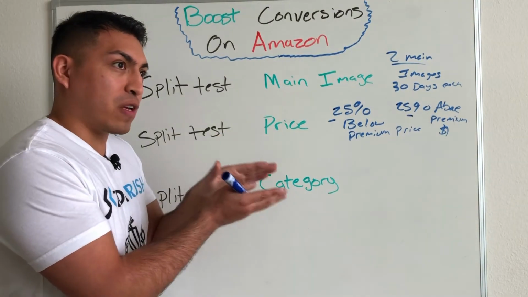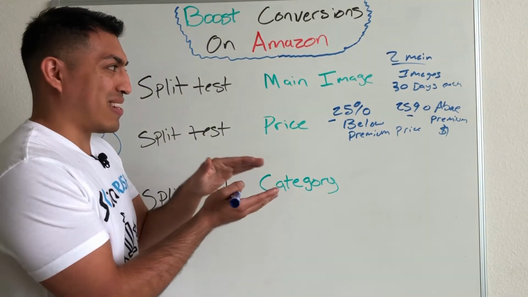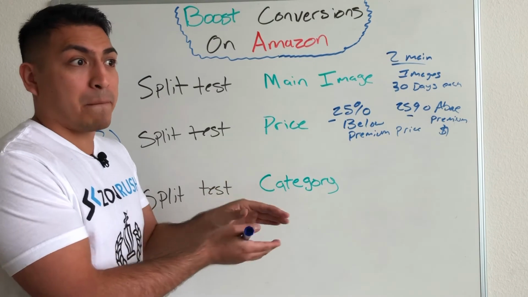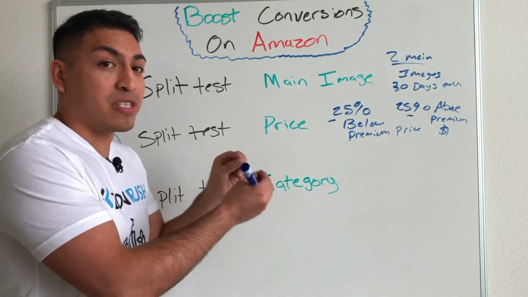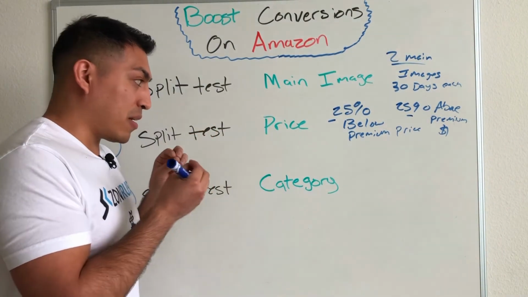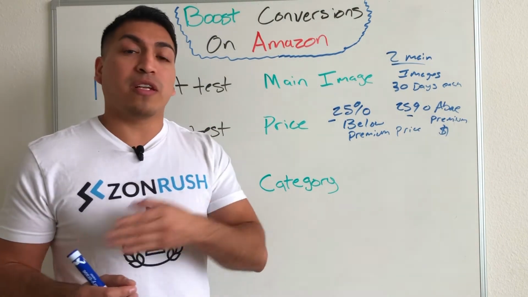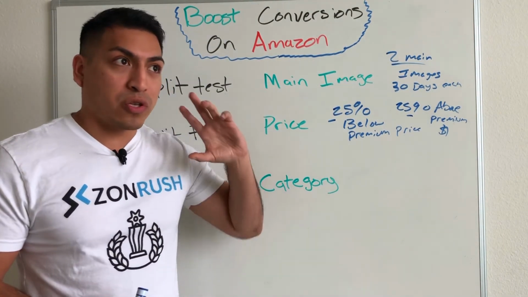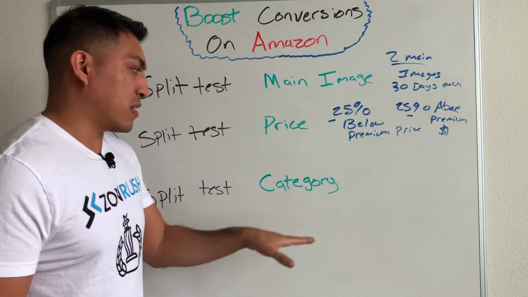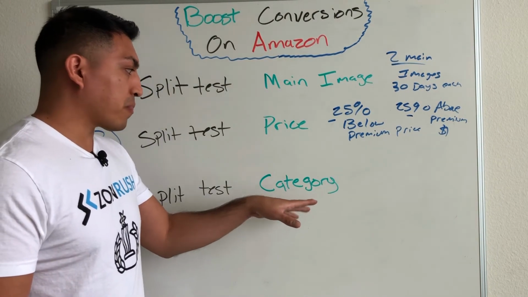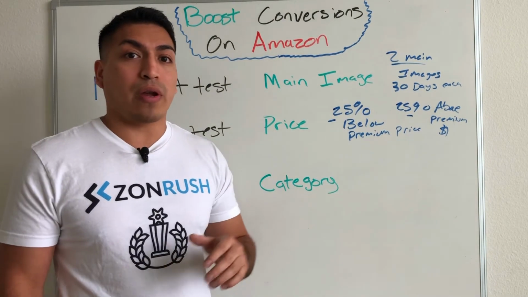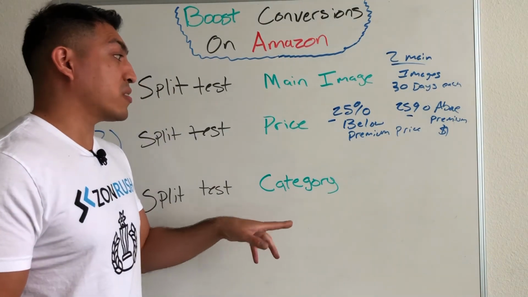And if you can find a category that has fewer sellers but you can tell that your competition is still doing really well, it could be beneficial for you to move into that category as well. So the only way for you to know that is if you split test the category, okay? And this is super easy to do.